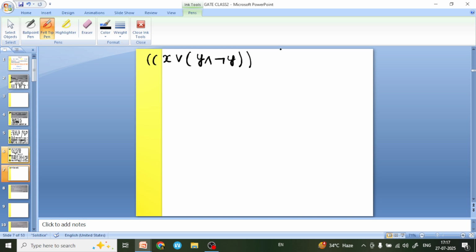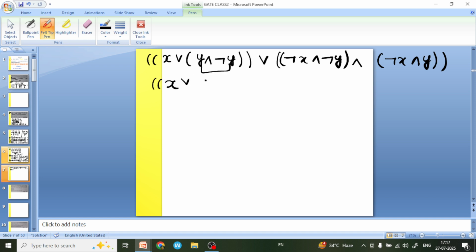Now next, or not x and not y in one bracket, in another bracket not x and y. Now x or this will be false, or not x and not y and not x and y.